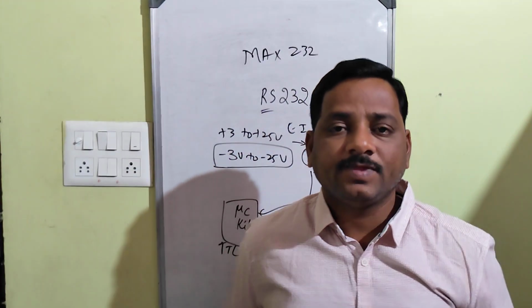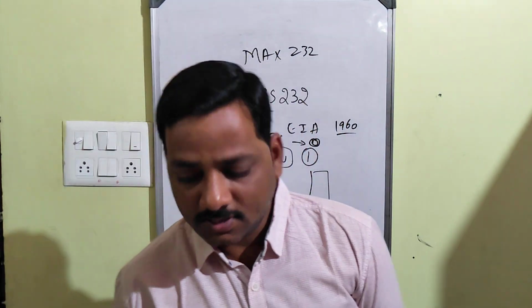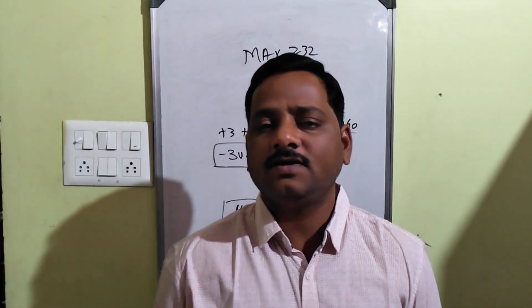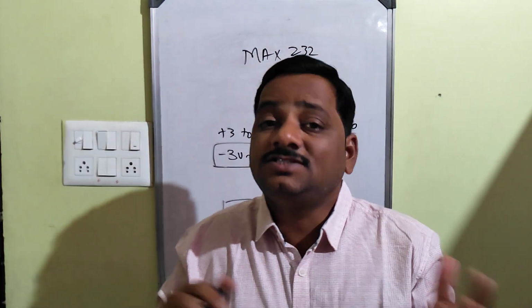MAX232 is another topic here. In the next video, I will come up with complete details about RS-232, what all the pins will be, how many pins it has, and what each pin is going to do. We'll also have a brief idea about MAX232, how it is used and how it converts and adjusts all these things.